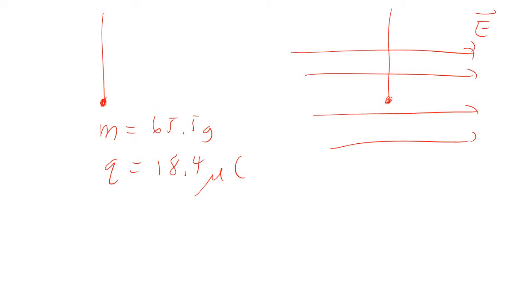Okay. And when I do that, I notice this thing swings over to the right, and it swings over an angle of 22.4 degrees. So the question is, how strong was that electric field? Okay.